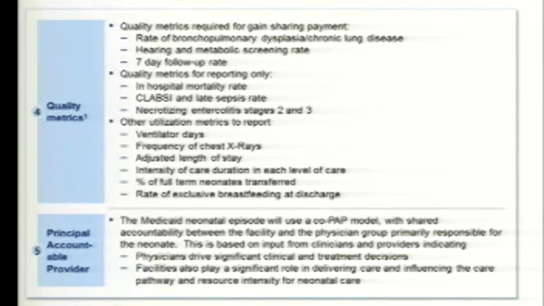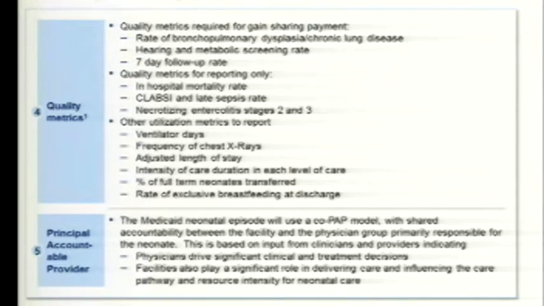Other metrics include number of days on the ventilator, frequency of chest x-rays, adjusted length of stay, intensity of care duration at each care level, so how decisions are made to reduce intensity of care, percentage of full-term neonates that get transferred, and then rates of breastfeeding, which is ongoing activity statewide, but also some activity in terms of reducing NEC rates and breastfeeding or donor breast milk feeding during the care in the NICU.